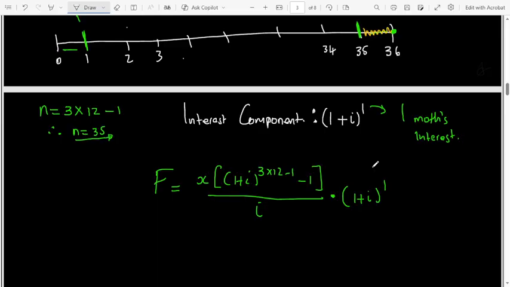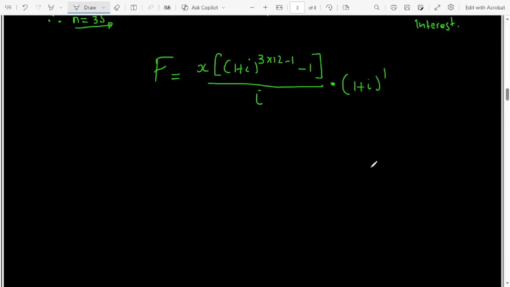Very important. Let's check another possibility, because in an exam they can ask this in many ways.